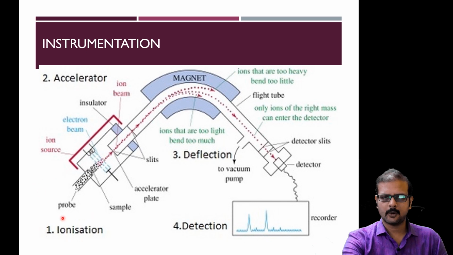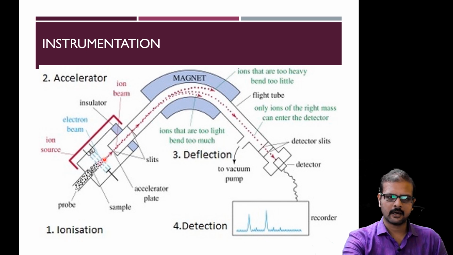The first one is a probe, where we can insert our sample, that is the sample inlet. Then the sample will go into the ionization chamber. This is the ionization source, where it will be converted into molecular ions.